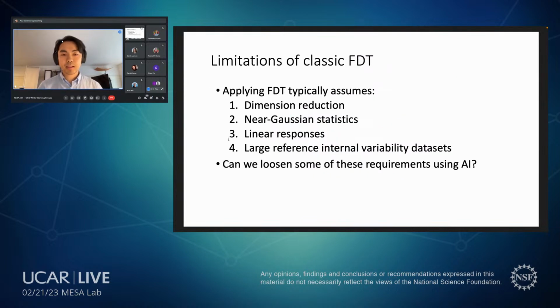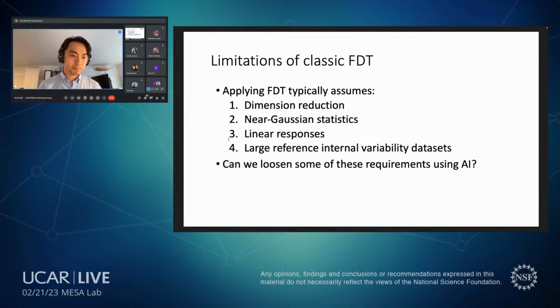So when we're applying FDT, there are several assumptions that need to be made. For one, typically, especially for the climate, we need to do pretty substantial dimension reductions in order to properly calculate the covariance matrices. Another assumption made is that the statistics of the variables we're interested in are near Gaussian, and also that the responses of the system are linear.